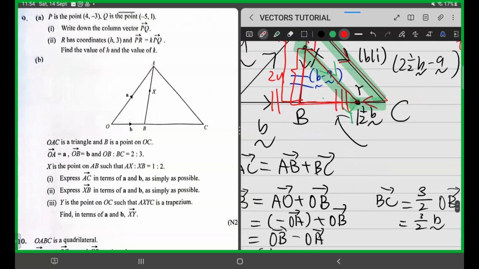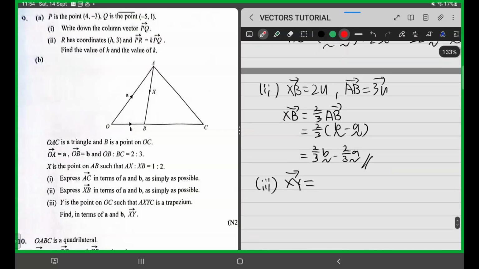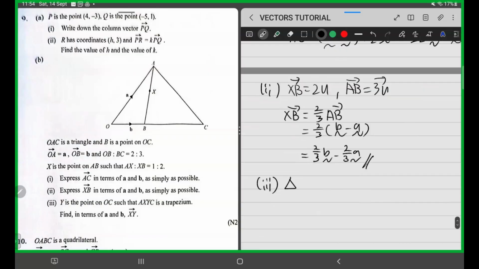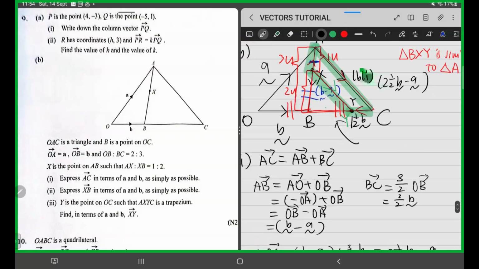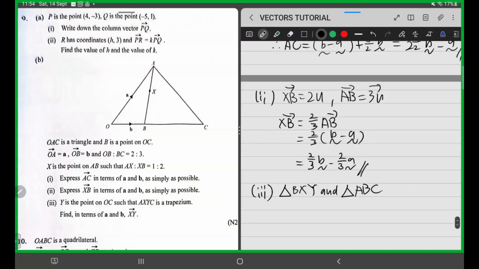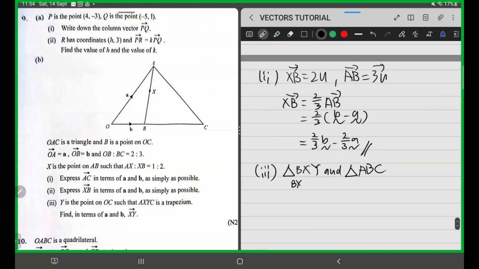So the ratio of your corresponding sides between your triangle BXY and triangle ABC, your XB over AB is 2 over 3, right?